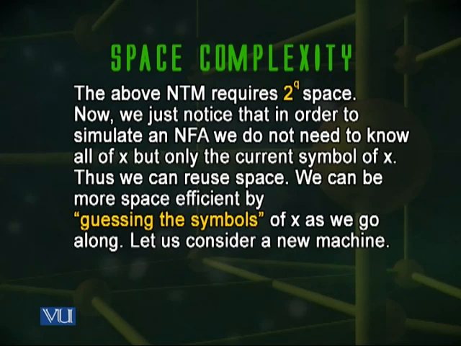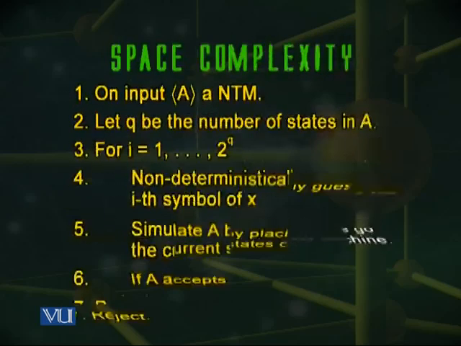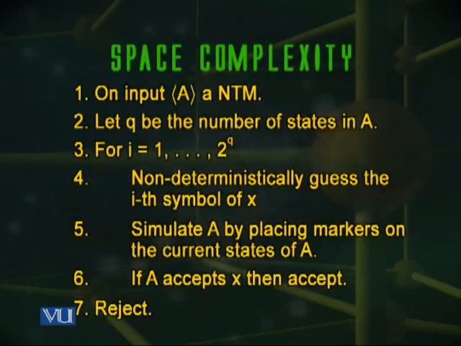However, we notice that in order to simulate an NFA, we do not need to store all of X, we only need to know its current symbol. Thus, we can reuse space. We can be more space efficient by guessing the symbols of X as we go along and not storing them. So let us consider this new Turing machine.